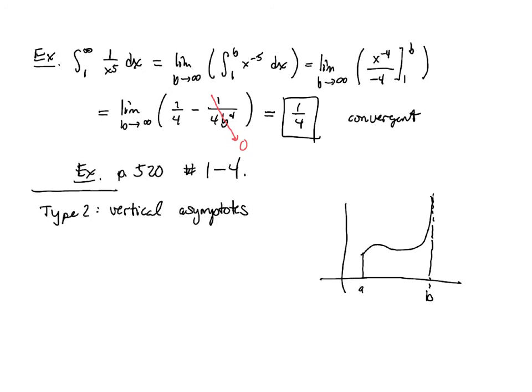Well, what I can do is to find the area from A to T, where T is less than B, and then let T go to B from the left-hand side. And this is precisely the definition that we have for the improper integrals of type 2, which I'll show you on the next page.